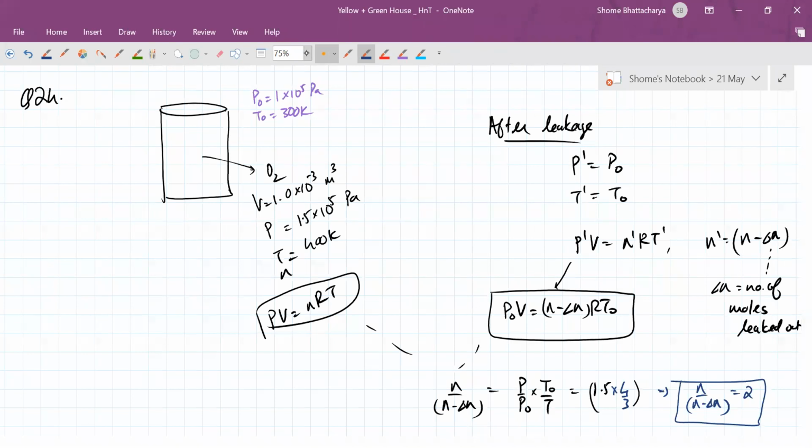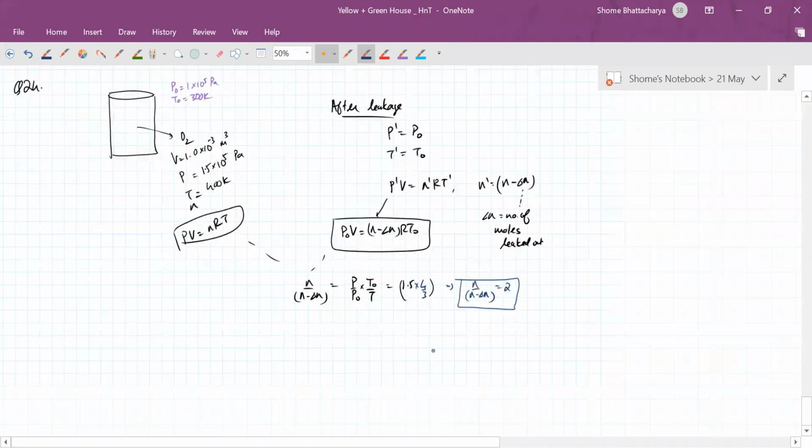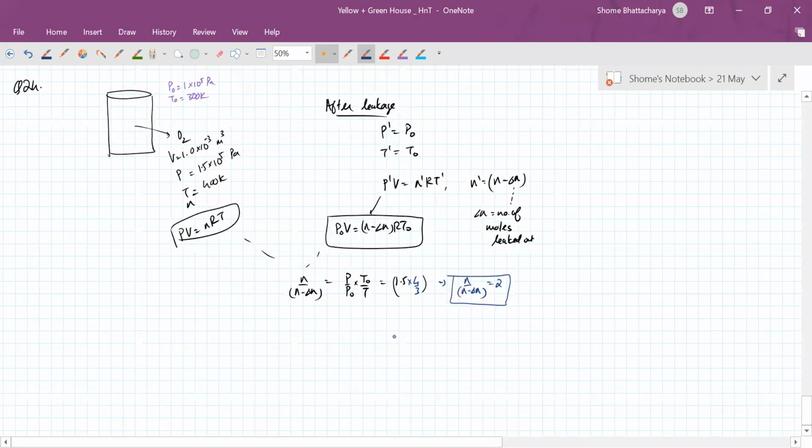So mass of oxygen that leaks out, we can find out. So delta N is actually equal to N by 2.